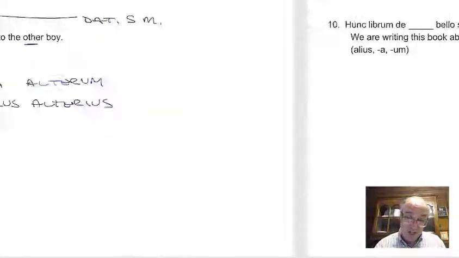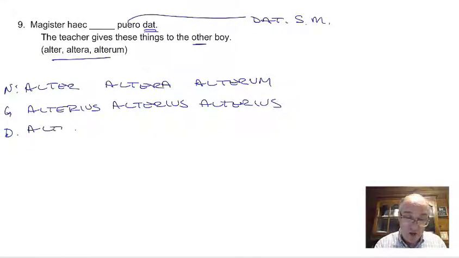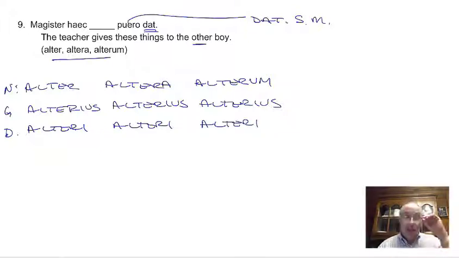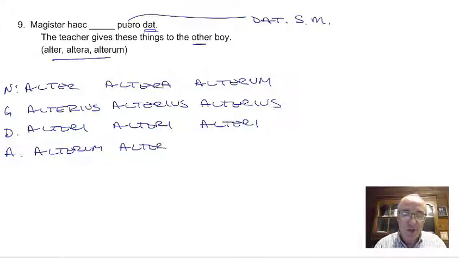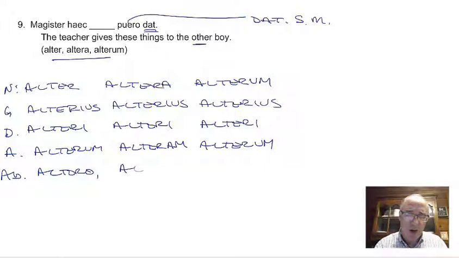And in the dative, it's an i. Alteri, alteri, alteri. Now, in the accusative, it goes back to alterum, very regular, alteram, alterum, and in the ablative, it's altero, altera, altero.